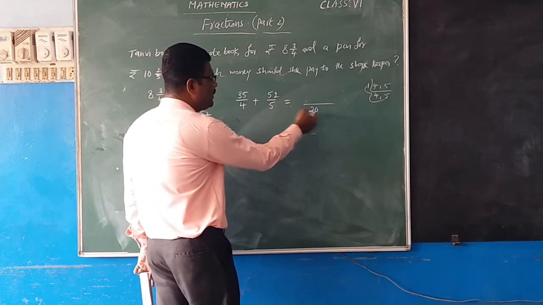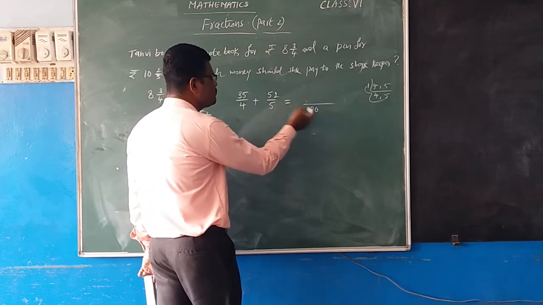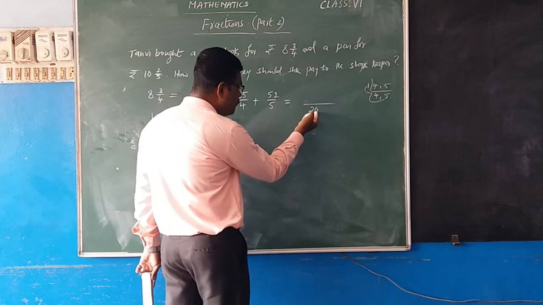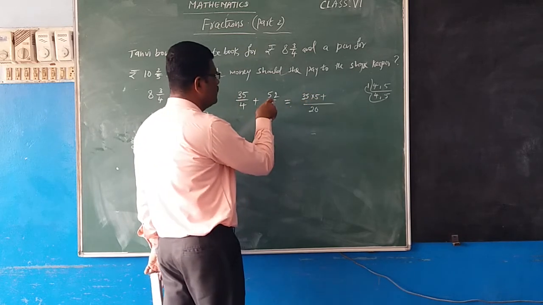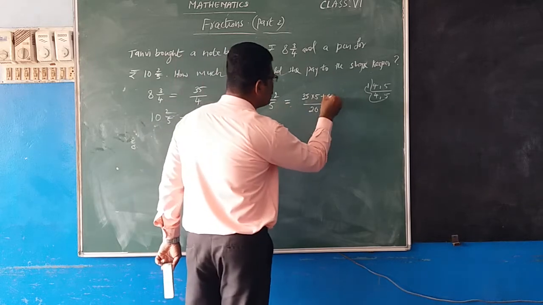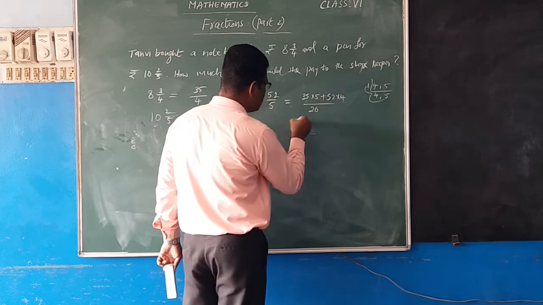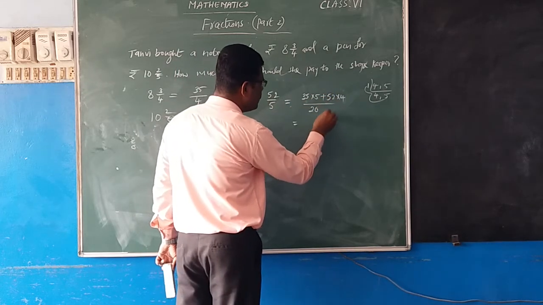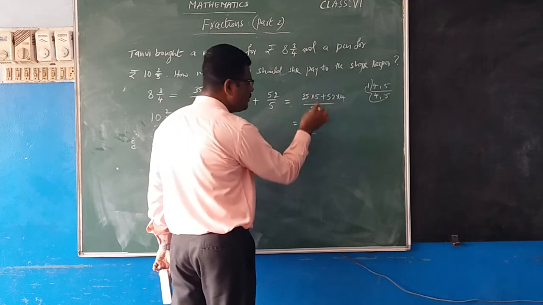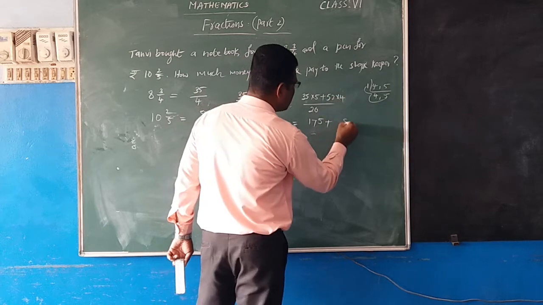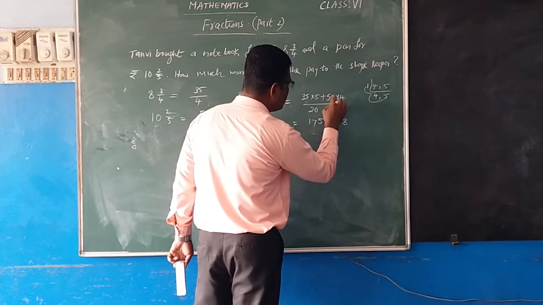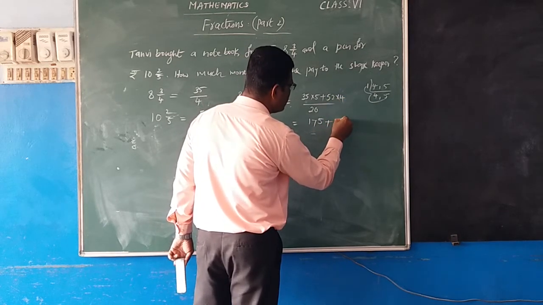Now compare the denominators. 4 how many times? 4 5 times, so 35 into 5, plus 5 how many times? 4 times, so 52 into 4. That is 5 5s are 25, 5 3s are 15 plus 2 is 17, plus 4 2s are 8, 4 5s are 20.